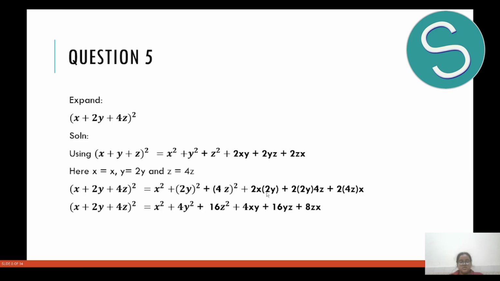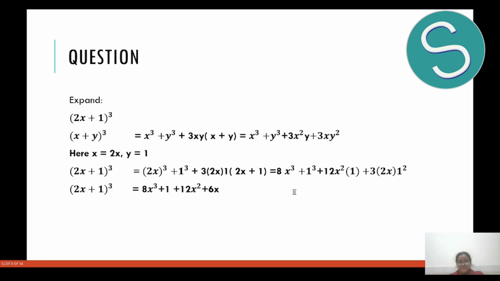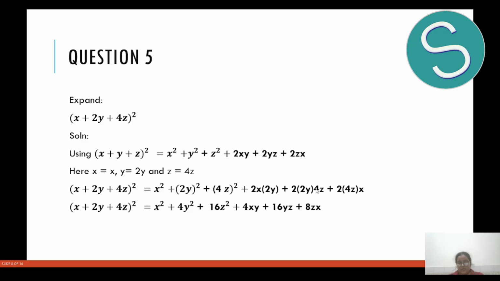Then 2xy, so 2 into x into 2y, plus 2yz, that is 2 into 2y into 4z, then 2 into 4z into x. When we simplify, we will get x square plus 4y square plus 16z square plus 4xy plus 16yz plus 8zx.